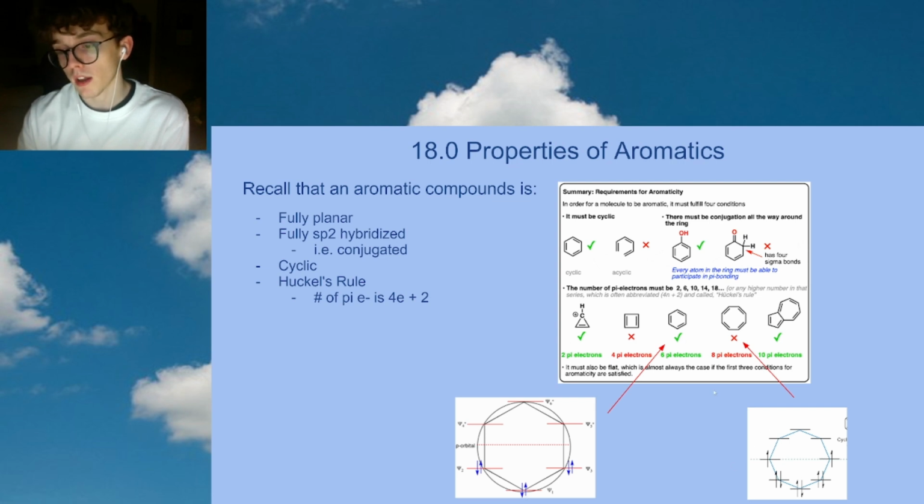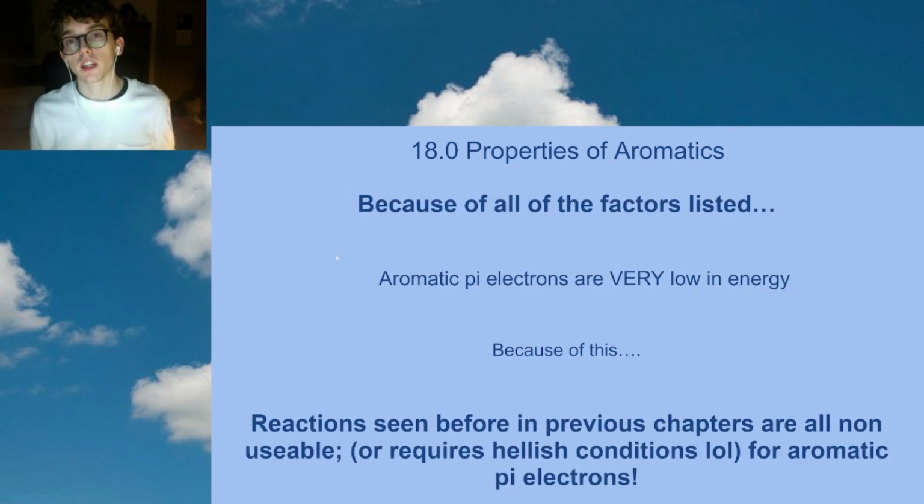But if we look at this compound here, we can see that there's 2 electrons that are unpaired, and that means the spin isn't canceling out, and we know that's higher in energy, right? Because it makes a magnetic field, which increases the energy of the system, right? So that's why Hückel's rule matters, and because of all these factors here, they don't react like normal pi electrons would, because they're just so low in energy. So we need specific reagents to make them react, and that's going to be the entirety of this chapter.